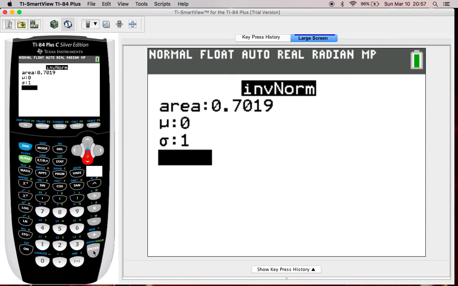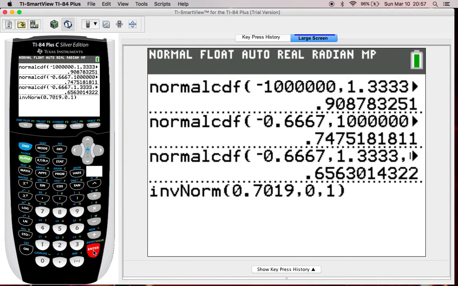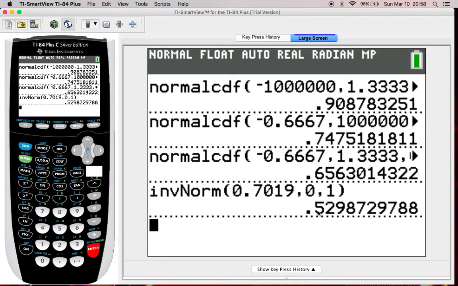I'm going to hit paste. So your calculator should look like this. You should have inverse norm 0.7019, 0, 1, regardless of which version of the graphing calculator you have. And then I'm going to go ahead and hit enter. And I get 0.52987, which rounds to 0.5299. So that's my z-score. And then we use that z-score in the equation to solve for x. So inverse norm gives you a z-score.